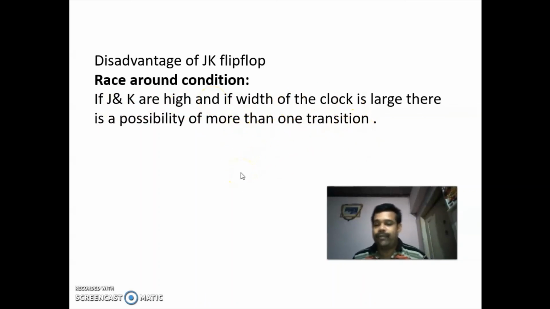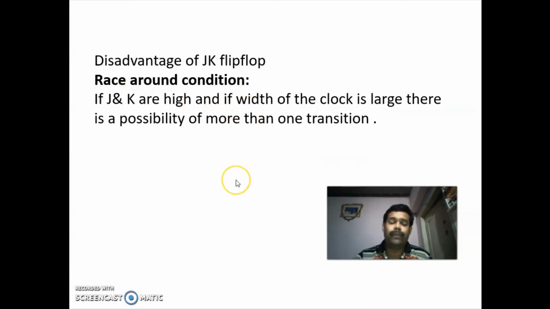We know that if J and K are 1, if the output is 0, it will toggle to 1. If the output is 1, it will toggle to 0. But if the width of the clock is large, there is a possibility of more than one transition. If it is 0, it will toggle to 1, and again it will toggle to 0. This is a disadvantage, and it is called the race around condition.